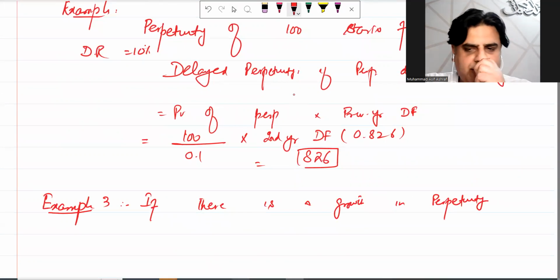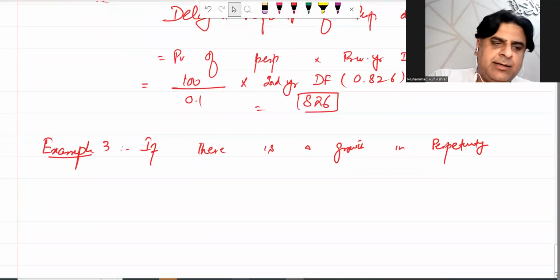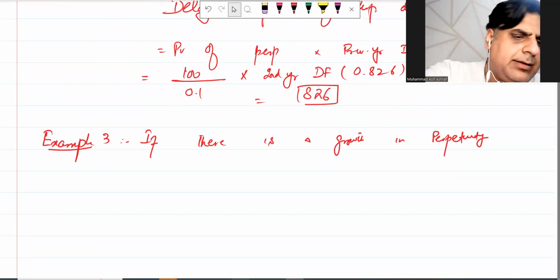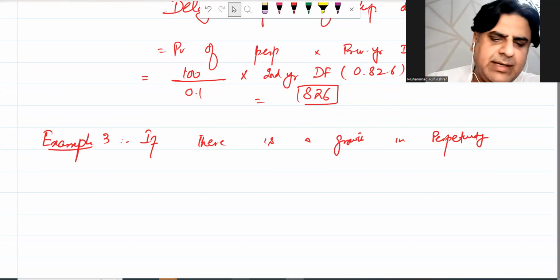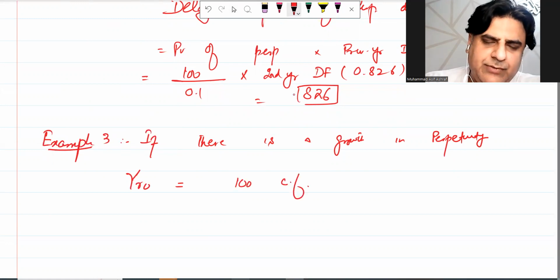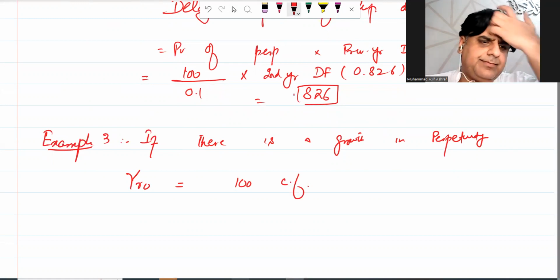If you see a growth in perpetuity, then let's say at year 0, right now, we have a cash flow of 100.